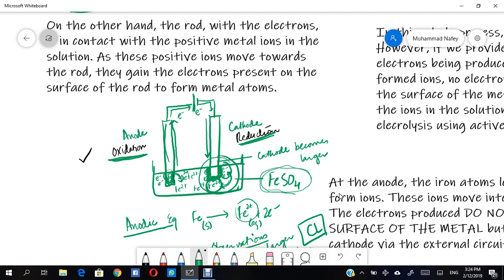So on the anodic side of the electrolytic cell, more and more iron atoms form ions and move into the solution. Hence, the anode diminishes. Whereas at the cathodic end of the electrolytic cell, more and more iron ions move and gain electrons, forming iron at the cathode, and therefore the cathode becomes larger.